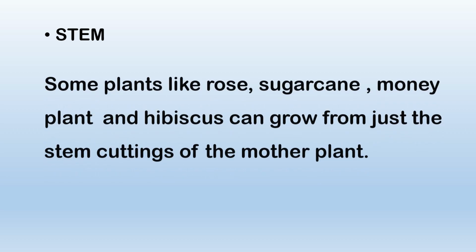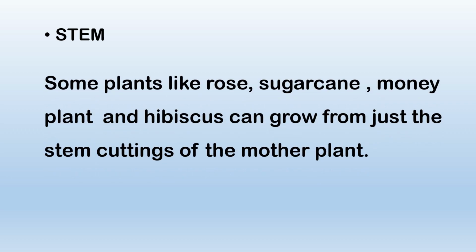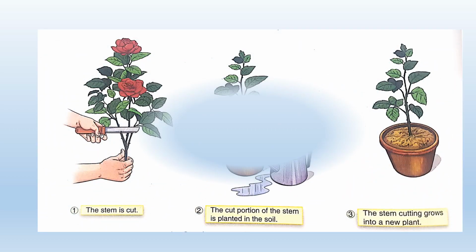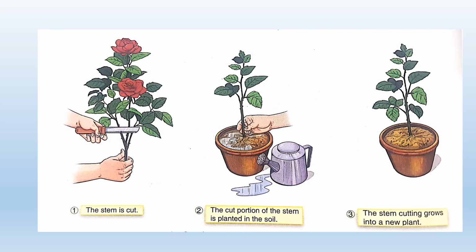There are a few stems which can also grow into new plants. Some plants like rose, sugarcane, money plant and hibiscus can grow from just the stem cuttings of the mother plant. To understand it better, you can try it out at home.